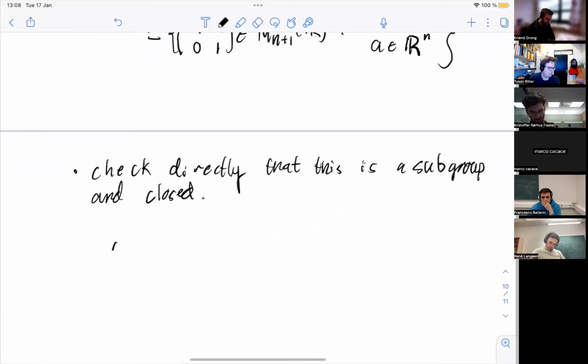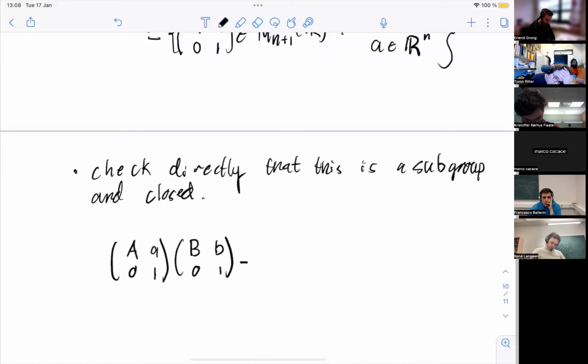However, the important thing, I think, is to consider the following. If you take two of these matrices and multiply them, this is the explanation of why it's called the Euclidean group.